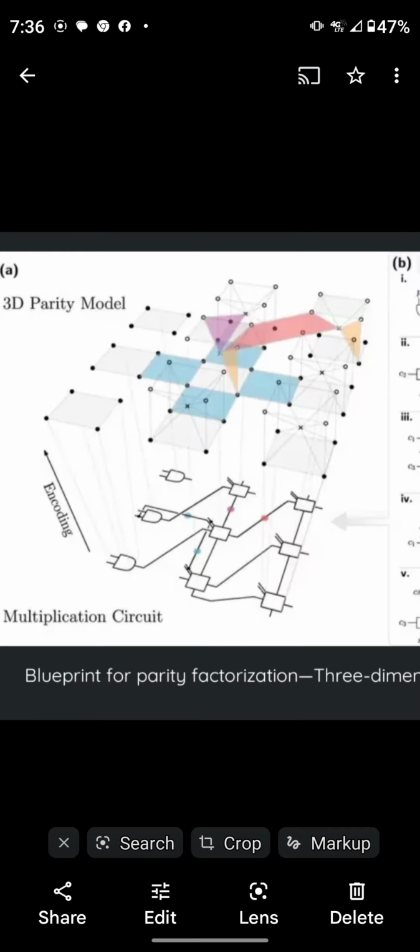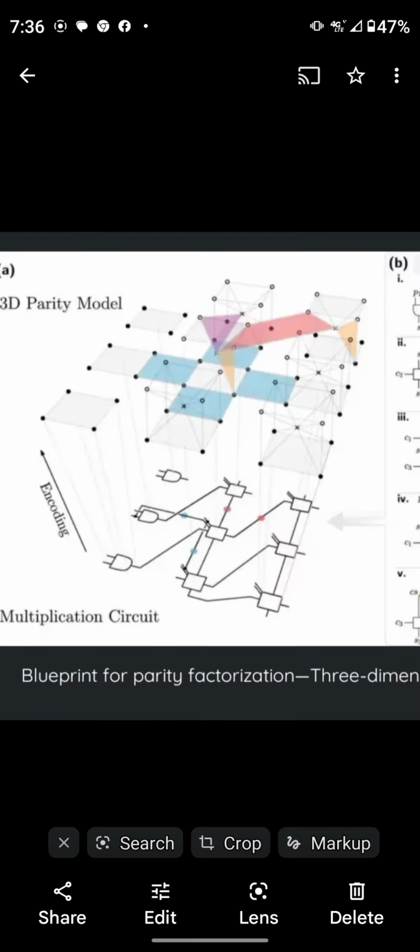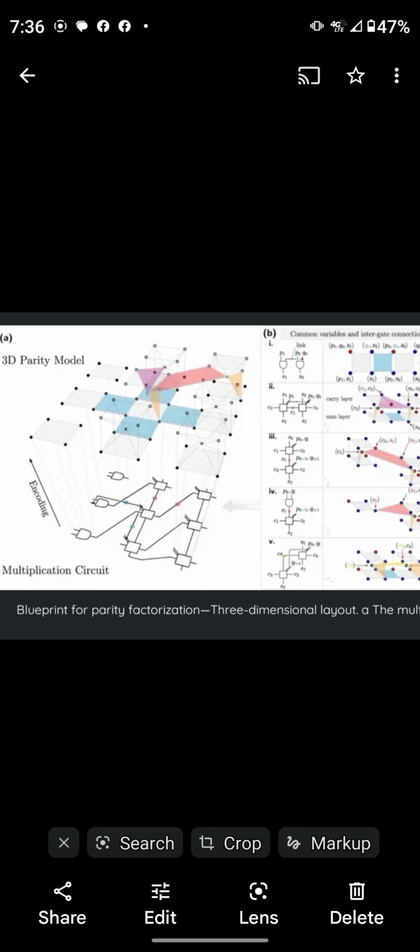But with quantum computing, it's a little different, and I would have to explain how qubits and bits work, which, if you don't know how they work, I don't know why you're watching this video.